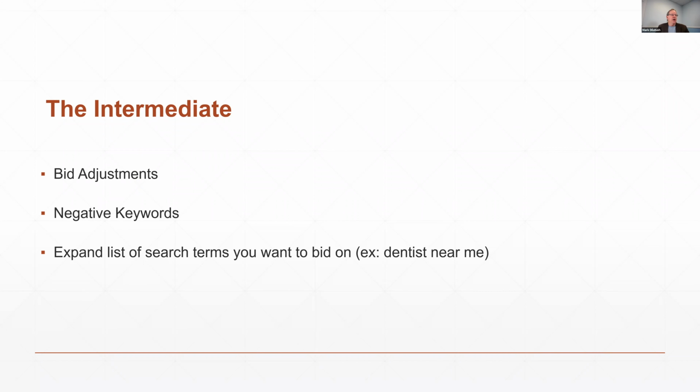Okay. So, expand the list of search terms you want to bid on. This is really intermediate. It can get really advanced, but we'll tell you that with "dentist near me," 45 to 60% of all dental traffic in your market is going to be using "dentist near me."